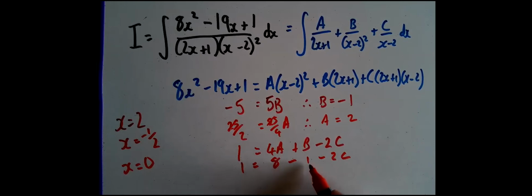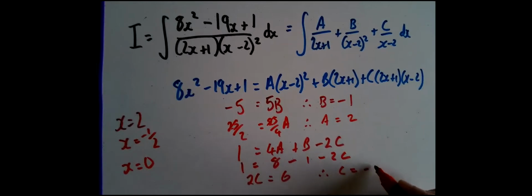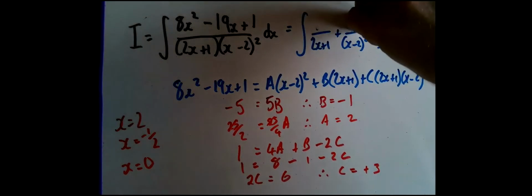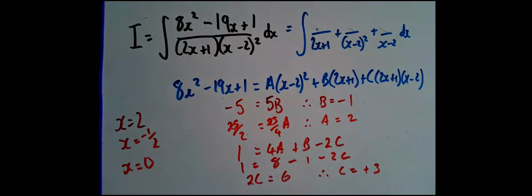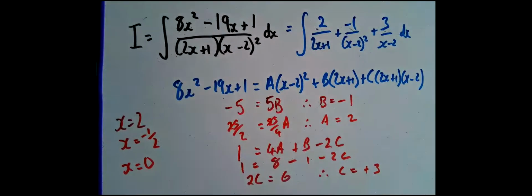So that gives me 7. Take away another 1 is 6. So 2c equals 6. So c equals minus, sorry, why minus? 3. Plus 3. Okay, so I'm just going to change these numbers in the top. So a was 2, b was minus 1, and c was 3.